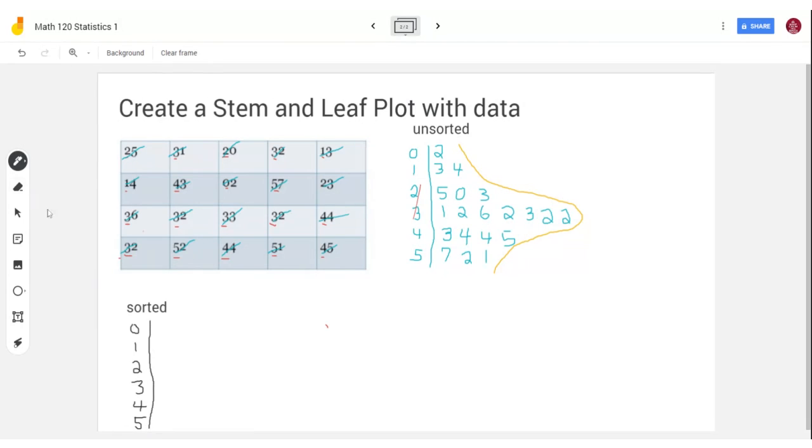So that first one doesn't need to be sorted because it's already sorted. And the crazy thing is the second one is too. This one, to sort it, would start out with a 0, then 3, and then 5. And for this one, the 1 comes first. Then you've got four 2s.